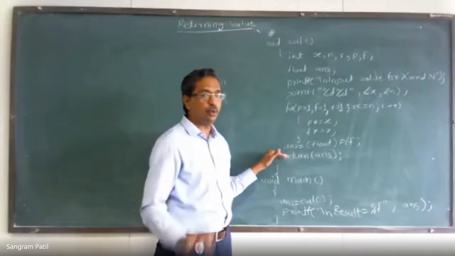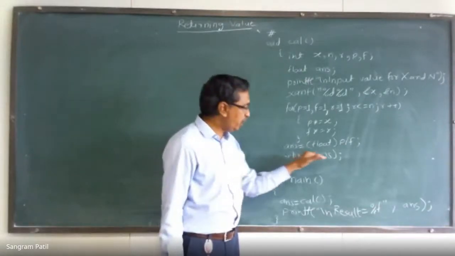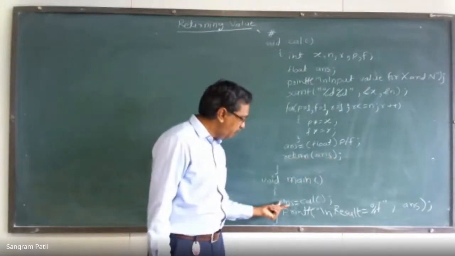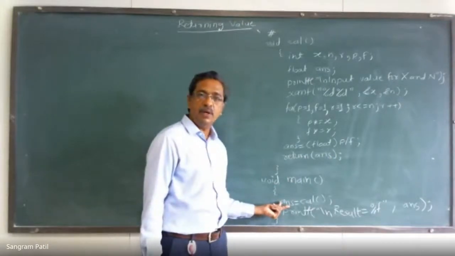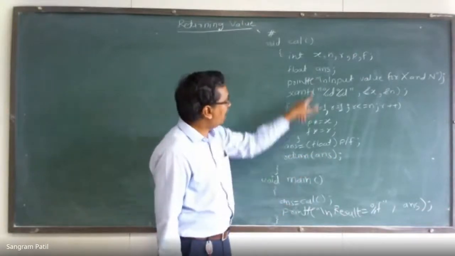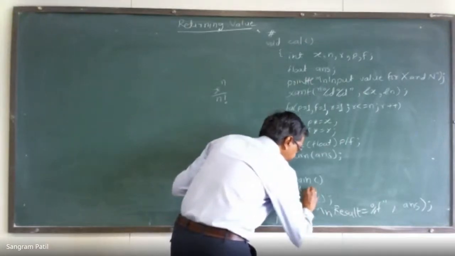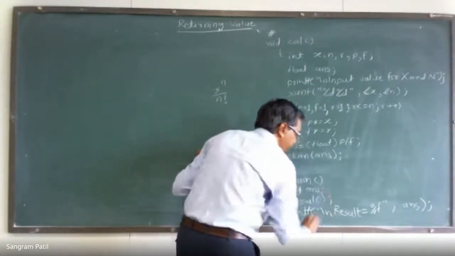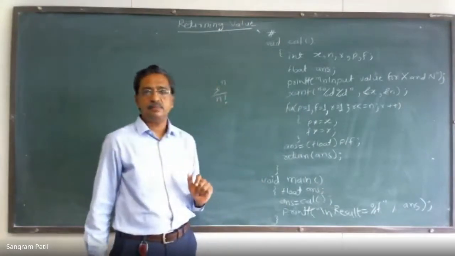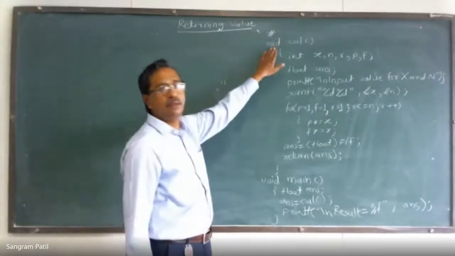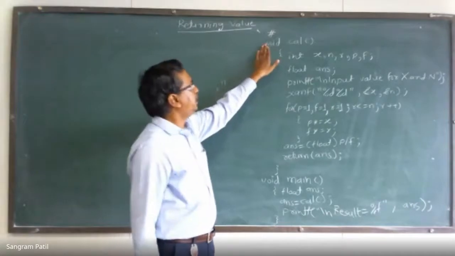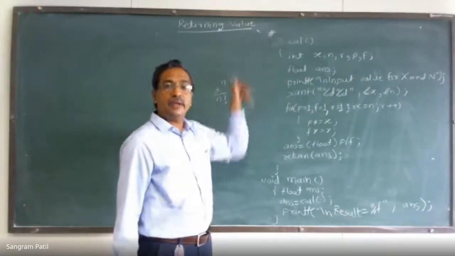So the first two tasks are over. Now the variable whose value you are returning and the variable in which you are receiving the value, the type of both must be same. Answer is float. So this answer must be float. And the most important part is that void is not allowed. Here instead of void, now we are returning the value.